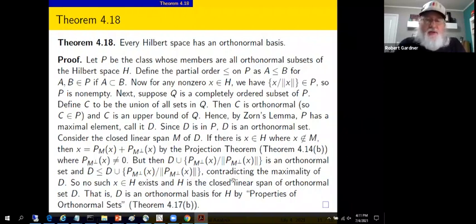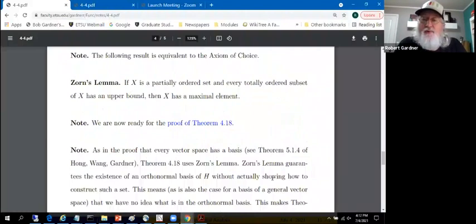Contradiction of the maximality. What's wrong is the assumption we made here. There must not be such an X, so all X in the Hilbert space must actually be in M, must be in that closed linear span of the orthonormal set D. That means, by the definition, that D is an orthonormal basis for H. So that's the last proof.